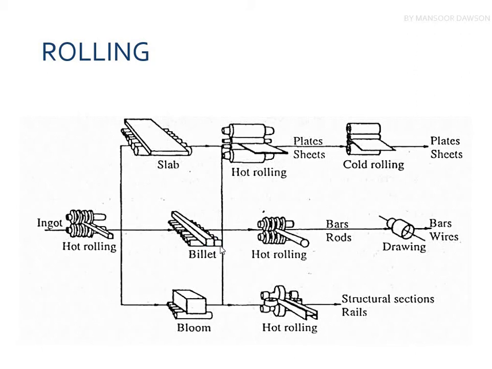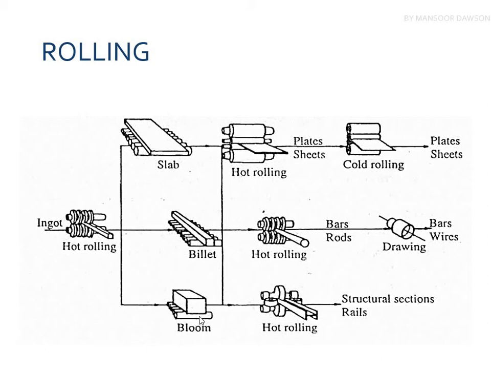And the square dimension here is usually very small, usually 6 by 6 inches or 8 by 8 inches, or usually 10 by 10 inches. And the bloom has a very large volume.